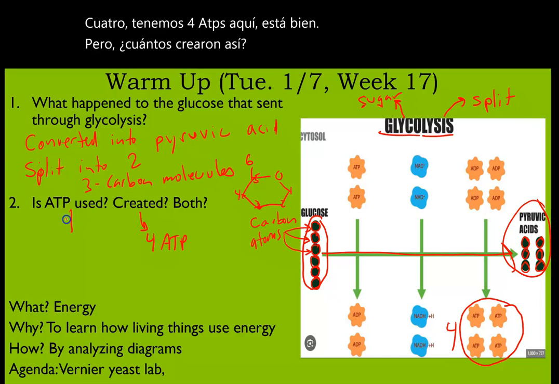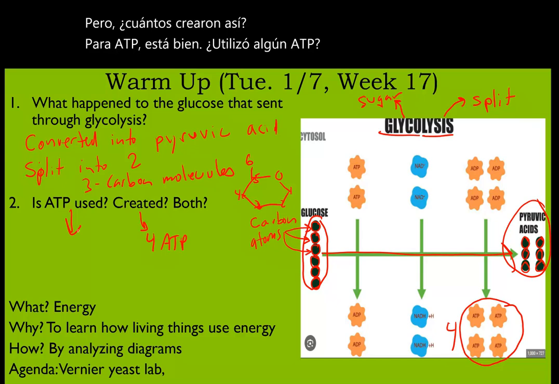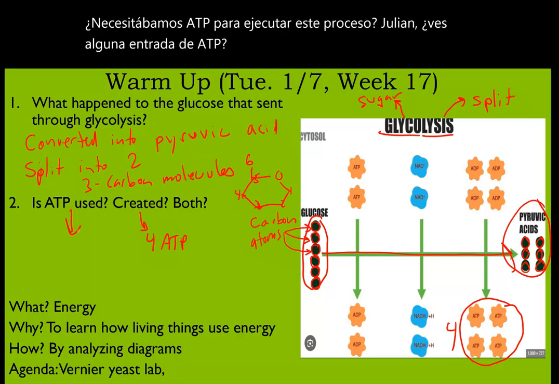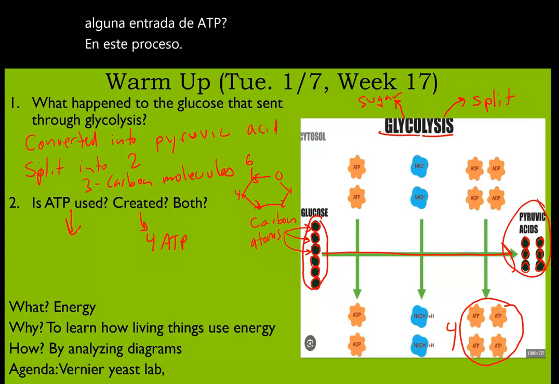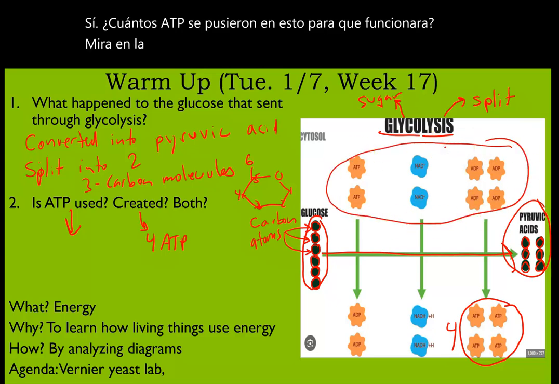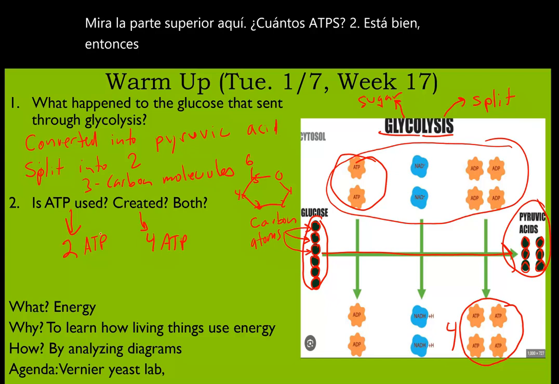Did it use any ATP? Did we need ATP to run this process, Julian? Do you see any ATP inputs into this process? Yes. How many ATPs were put into this to make it work? Look at the top here. 2. Okay. So it used 2 ATP. It created 4.